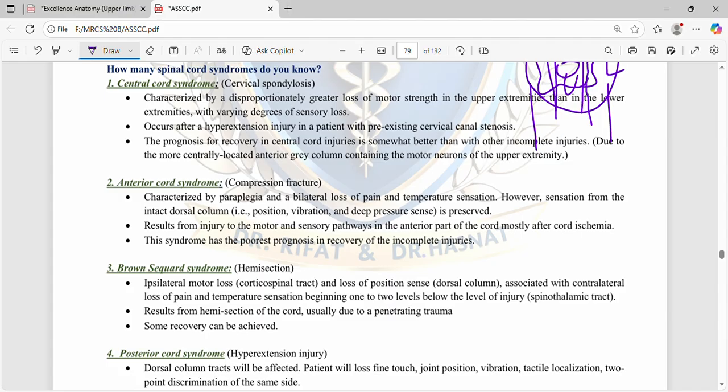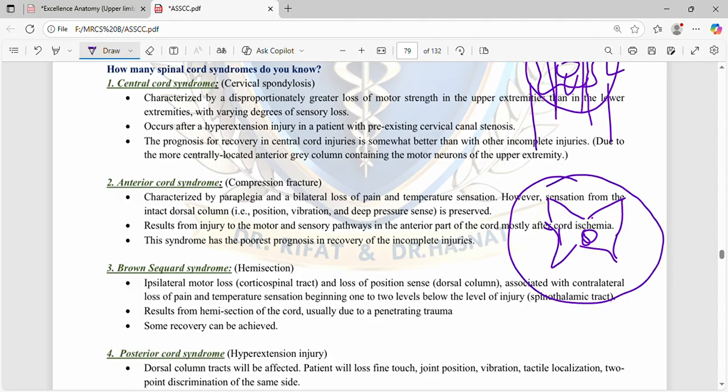So anterior cord syndrome mainly affects the motors. Let's suppose we have this spinal cord, and you should know that we have the dorsal column pathways.